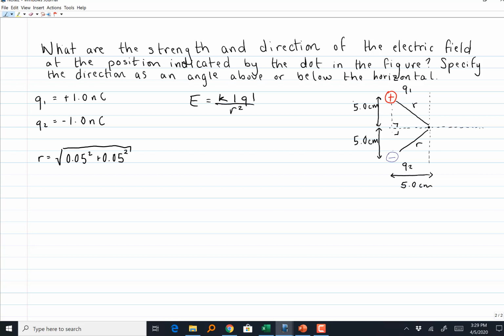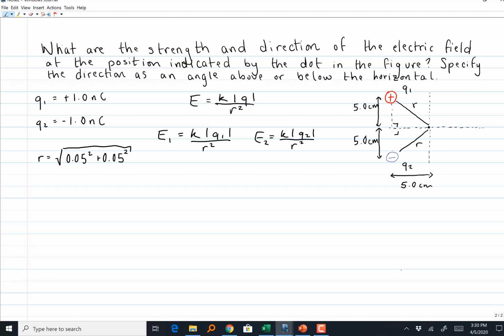All right, so hopefully you've come up with the answer that the magnitude of the electric field from both 1 and 2 are the same. And if you haven't, let's take a look at why. The electric field for charge 1, Q1, is going to be kQ1 over r squared, and for 2, it's going to be k absolute value of Q2 over r squared.